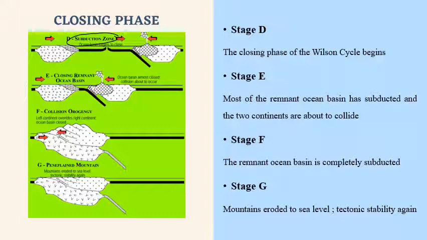The closing phase of the Wilson cycle begins when a subduction zone, a new convergent plate boundary, forms. So we see right here a continent hits another continent, however, it starts to get subduction.